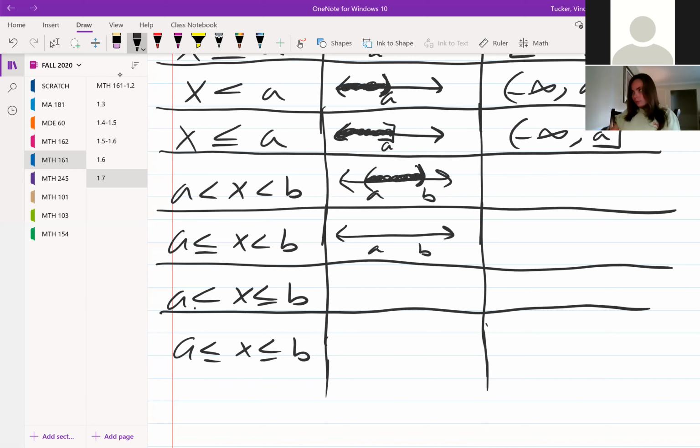Next one has the or equal to attached to the A, so we have a bracket over A, parentheses over B. This one is parentheses over A, bracket over B. And last one, bracket over both.